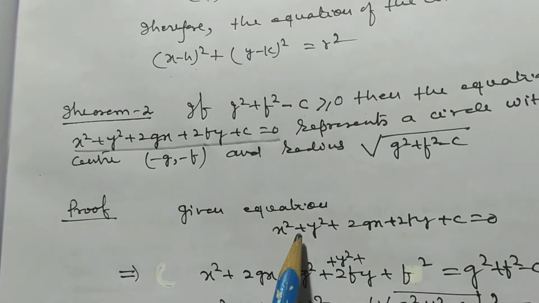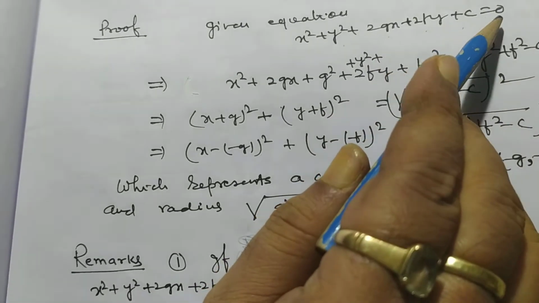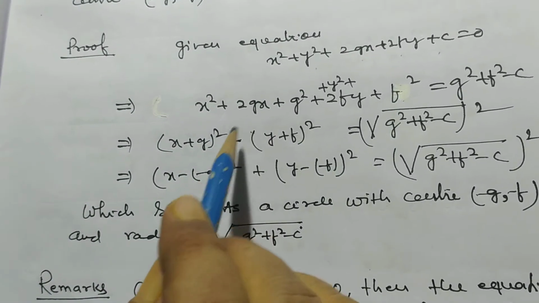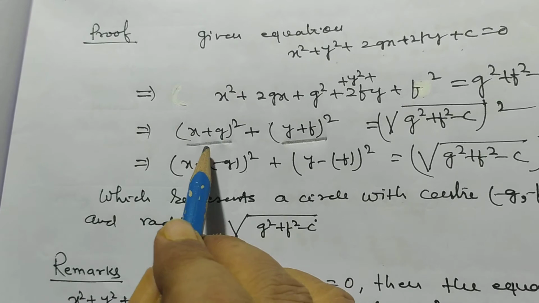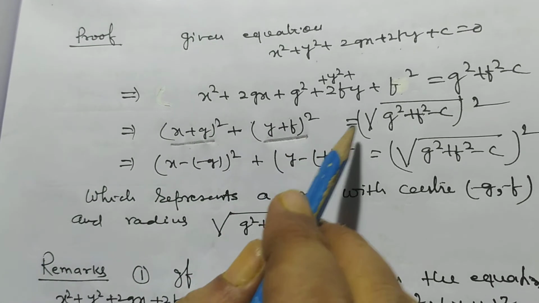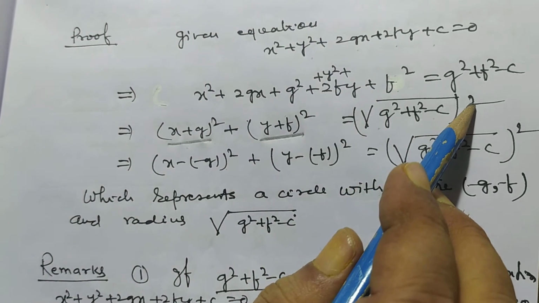My dear student, x² + y² + 2gx + 2fy + c = 0 is a second degree equation, and we rearrange it in this form.